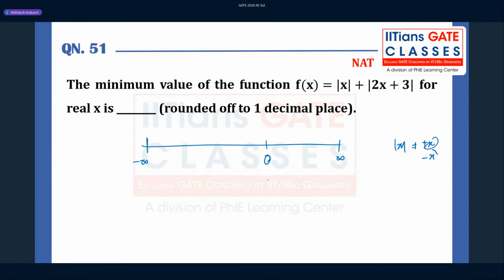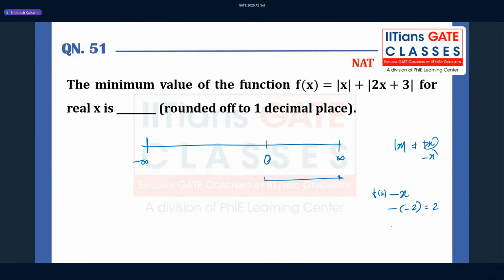Plus x you will consider for all the values from 0 to infinity, and mod of x you will consider as a minus x for all the values from minus infinity to 0, because whenever you put the value of x as minus of x and x value is minus, so then minus minus, let's say minus 2, minus minus become plus 2. Okay, minus x is the function value.